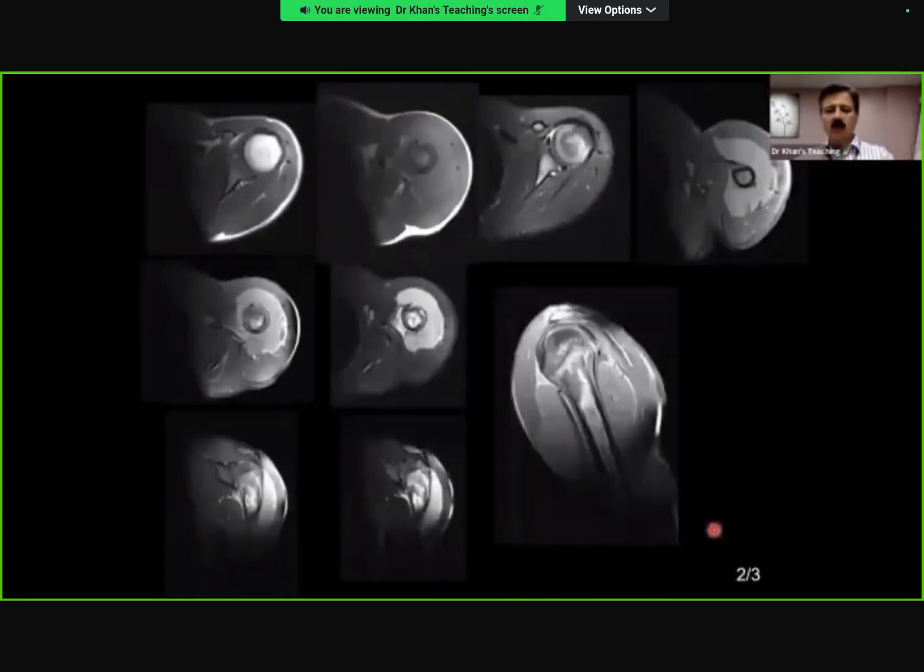So on MR, again, completely abnormal. And if you see, this is a T1 weighted sequence. And look at this soft tissue which is surrounding it. Classical for Ewing sarcoma. The differential will be lymphoma. Lymphoma can also cause a soft tissue like this, but usually not as thickened.